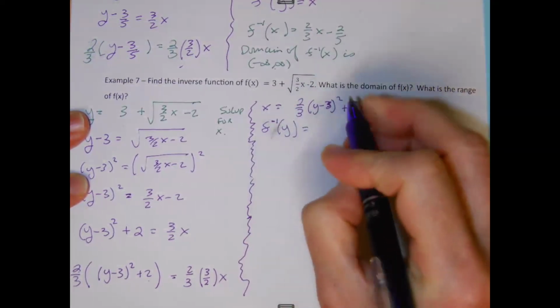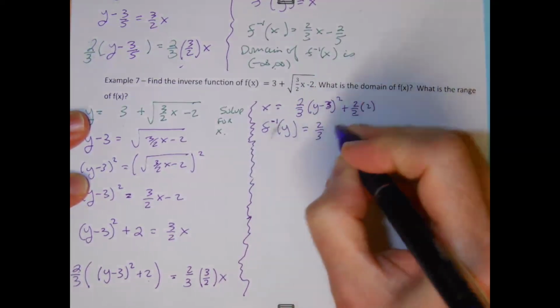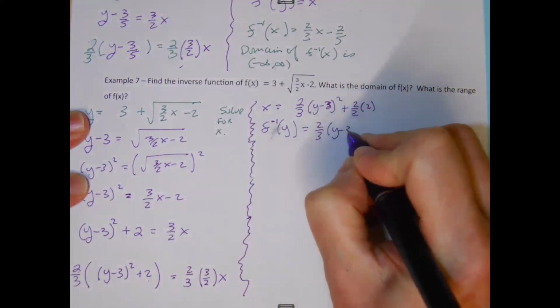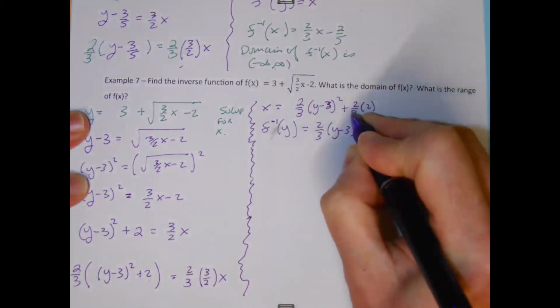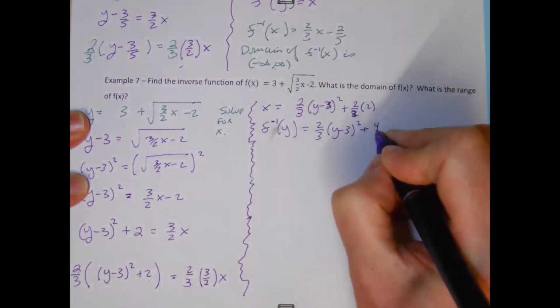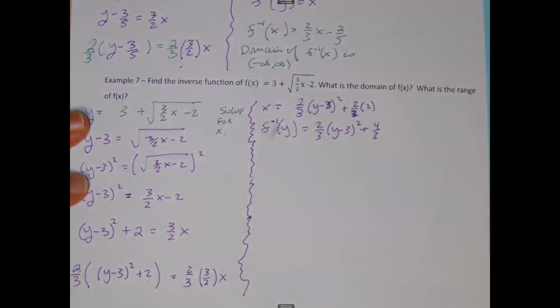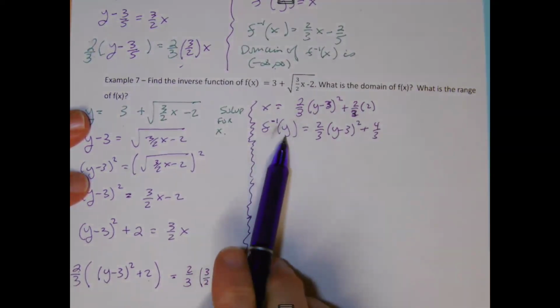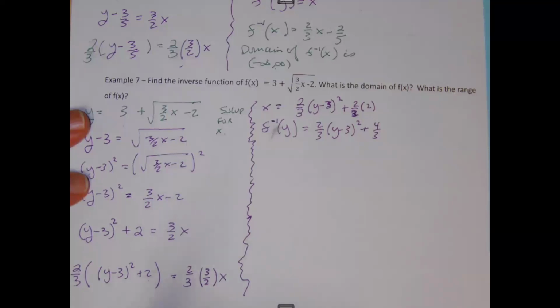That's now the new domain variable. And here I'm going to go 2 times 2 is 4. So 4/3. And there it is. That's the inverse function. And again, I can replace y with x. I'm not going to do this in this step. I personally don't even like this step.